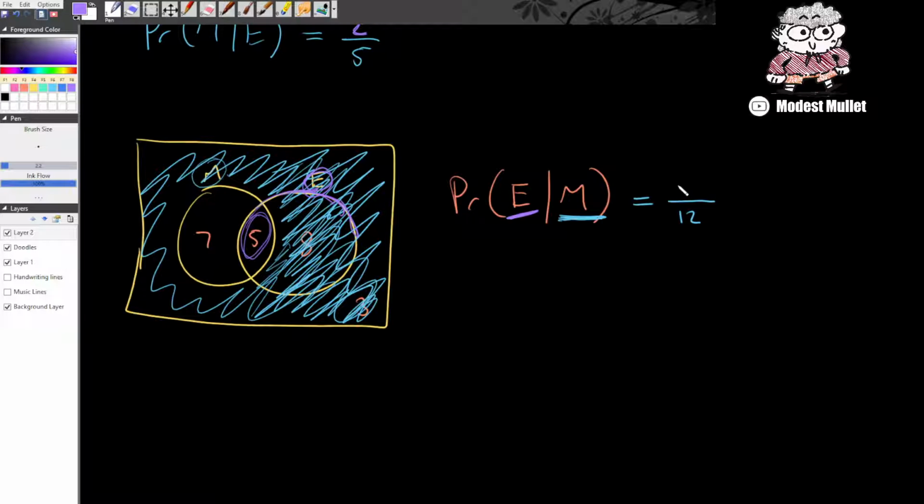They're our favourable outcomes, so we get 5 out of 12. So that's all it is: apply the condition, reduce your sample space or survey as needed, and then find the actual total and favourable outcomes numbers. So let me clear this layer and we'll do another one.